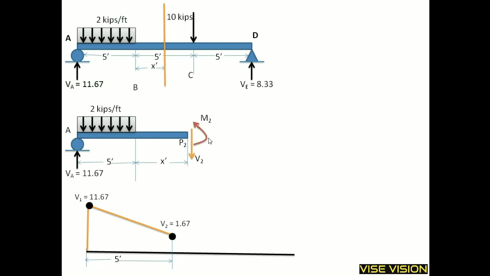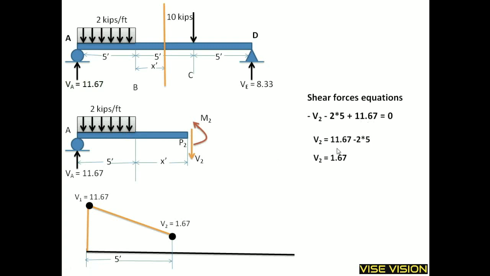Similarly, the shear force and moment act at this face which we have cut, and this distance is taken as x. For the shear force equation, similarly, a downward force is taken as negative and an upward force is taken as positive, and the summation of vertical forces is equal to 0. V2, this one force is acting. 2 into 5 is the UDL force acting downward, and 11.67 is the reaction acting upward.